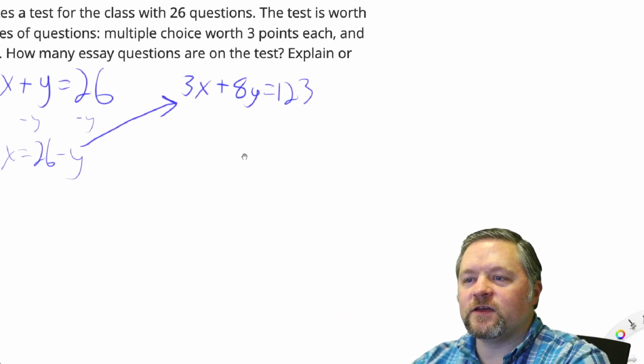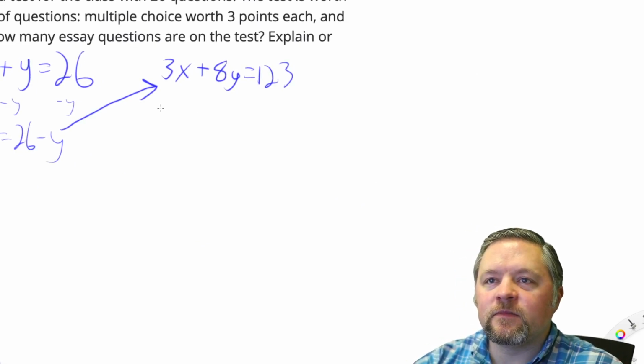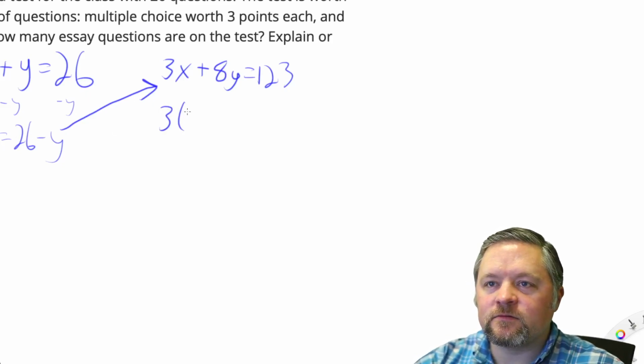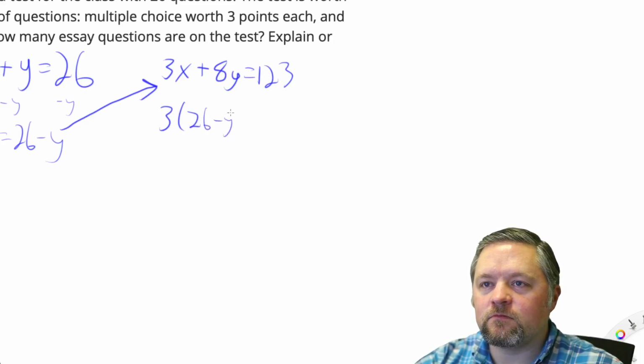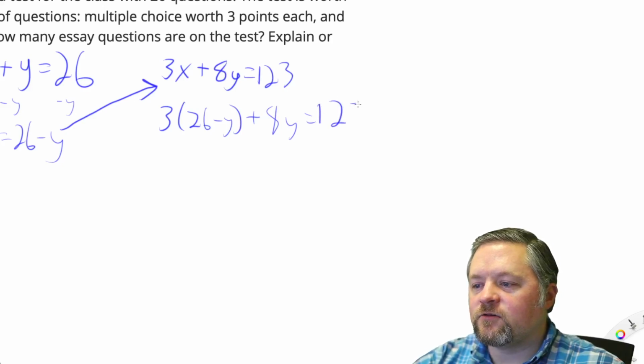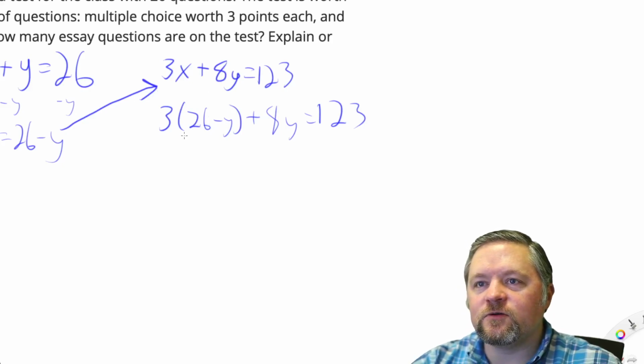I'm just going to move things so I've got space to show my work. 3 times X, which we know is 26 minus Y, plus 8Y equals 123.